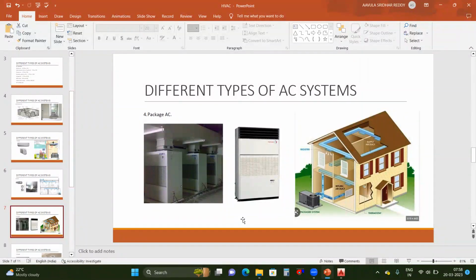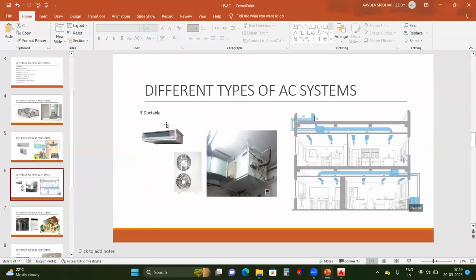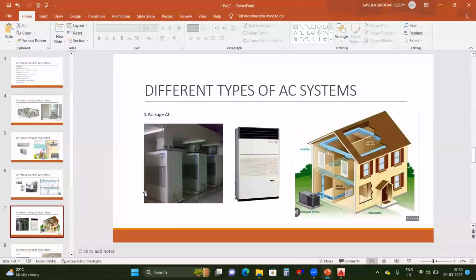Every piece of equipment is segregated based on the tonnage and the usage purpose, so don't get confused. If the capacity is more than a ductable AC, then we go for the package AC. For example, this AC system is designed for an individual villa.